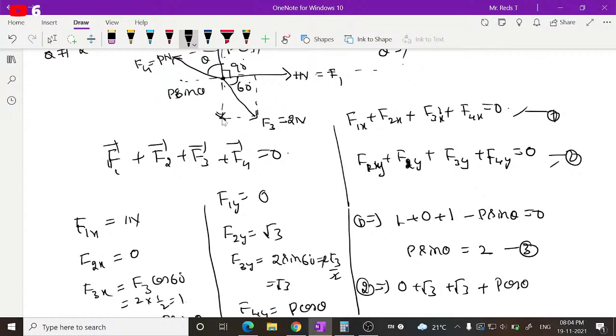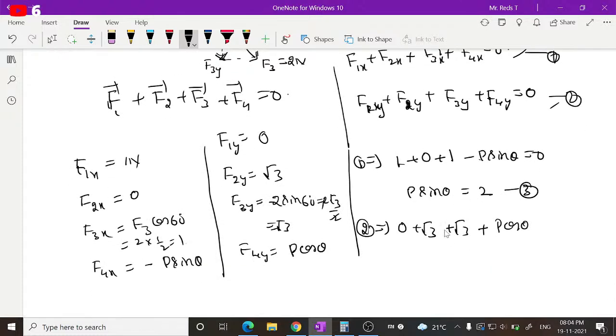It is having its y component in the negative y direction. This is f3y, so this is minus root 3. So the minus root 3 and plus root 3 cancel, and the sum is equal to 0, which means p cos theta is equal to 0.